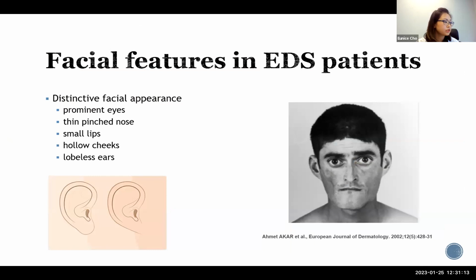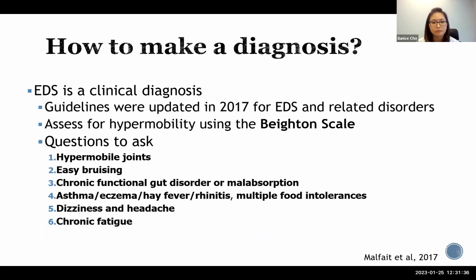These are some of the distinct facial features you can see in EDS patients. They have very prominent eyes, a thin pinched nose, small thin lips, hollow cheeks, and small lobeless ears. These distinct features are often described in the vascular EDS subtype of patient population.